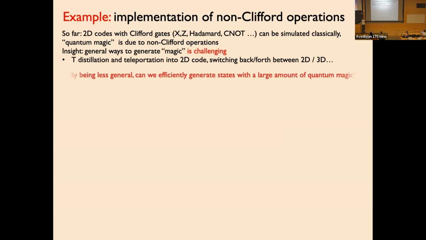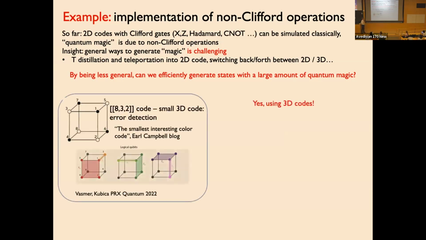But we asked the question: if you don't want to do something very general, but something specific, can you generate logical encoded states with a large amount of magic? It turns out the answer is yes. For that, you need to go to 3D. The simplest non-trivial 3D code is the so-called 8-3-2 code, in which 8 physical qubits encode 3 logical qubits.